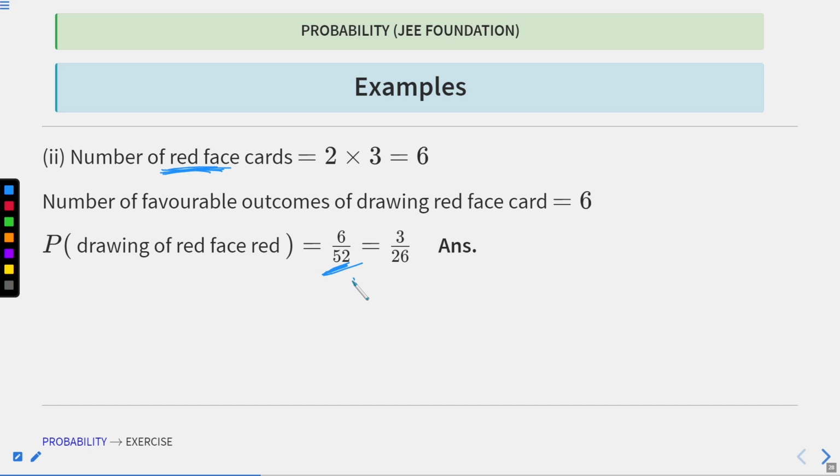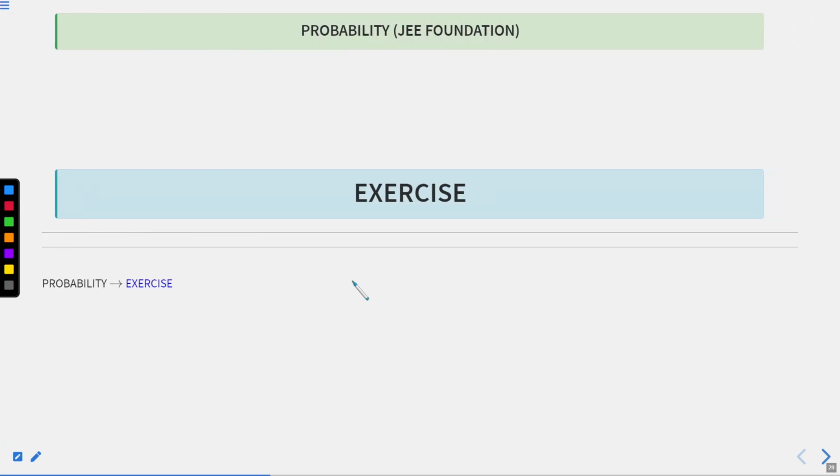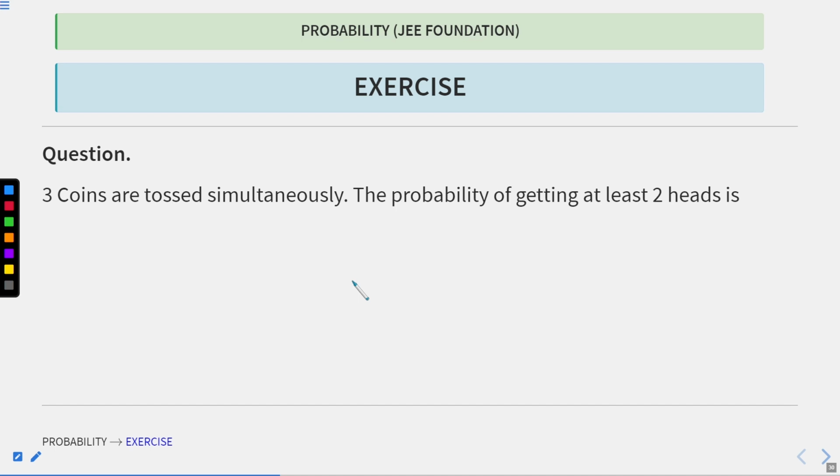Let's move to next. Now let's solve some exercises with me to polish your concept. We are tossing 3 coins simultaneously. So let's toss it.